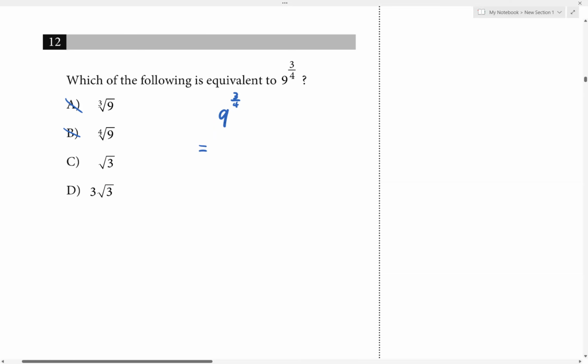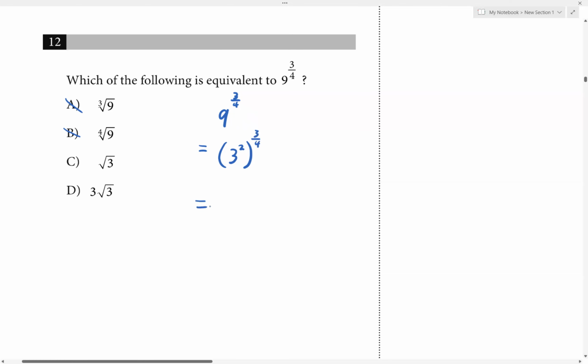Here we can rewrite the 9 as base 3, and that would be 3 squared. 3 squared is equal to 9. That's 3 times 3, equal to 9. So this is the same as 3 squared raised to the 3/4.